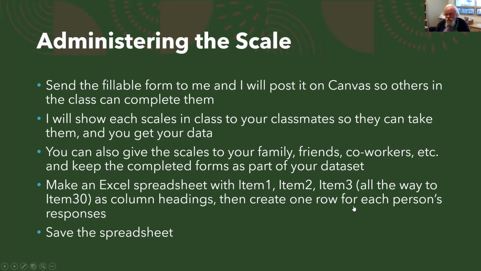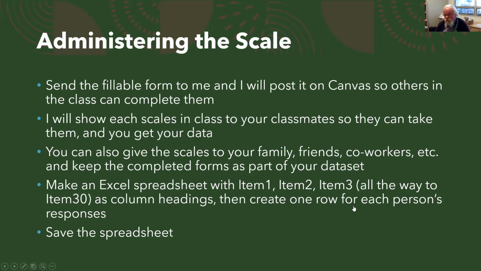All right, I'm going to explain this later in the week when we get back. But what you're going to do after you get your data back is make an Excel spreadsheet where all the columns are named like item 1, item 2, item 3, all the way to item 30 going across the columns. And then each row, you'll just have numbers, okay, from each participant who takes your scale, okay?